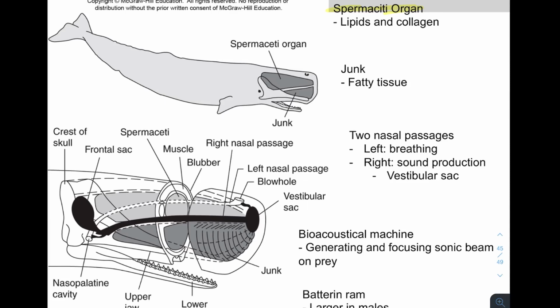One view is that the spermaceti may be a buoyancy device, but more likely it's actually part of a sonar beam apparatus where it can focus the acoustics of the whale in order to use this sonic beam or sound beam to stun its prey before it goes and uses its jaws against it.